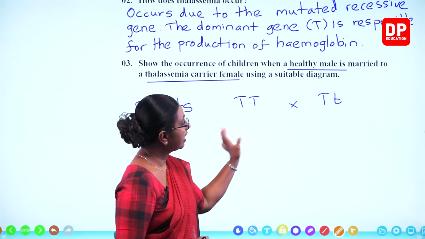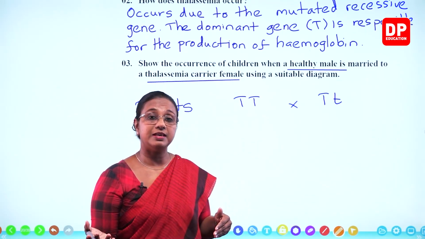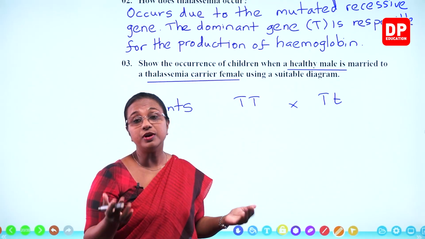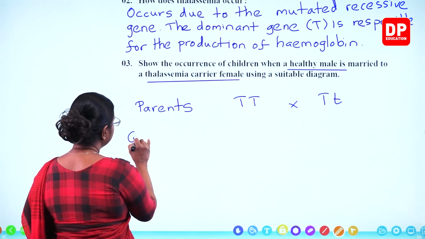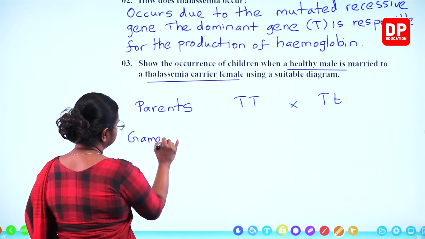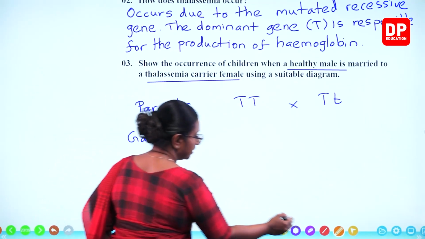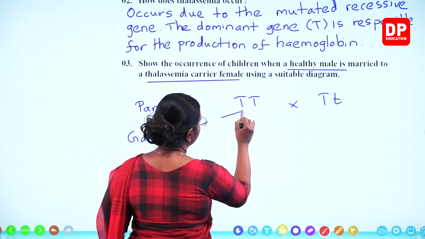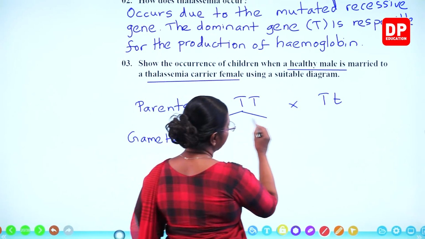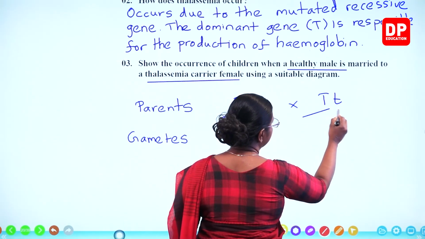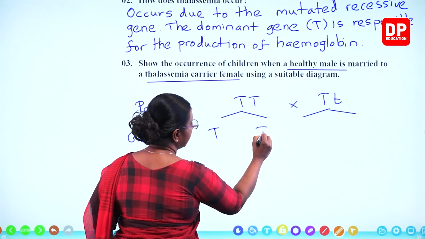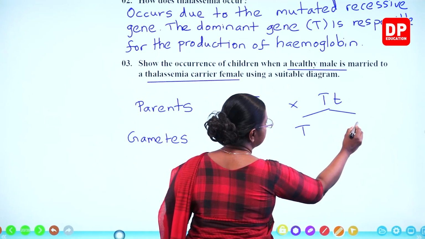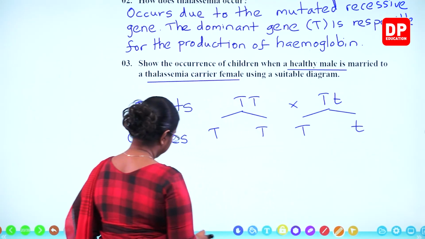So you don't really have to say who is the male and female, because that's not going to affect the occurrence of children. Then we have the gametes. Here both are going to be capital T, dominant characters. One will be capital T, the other will be simple T.